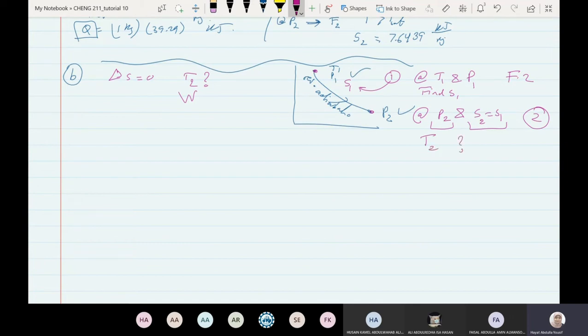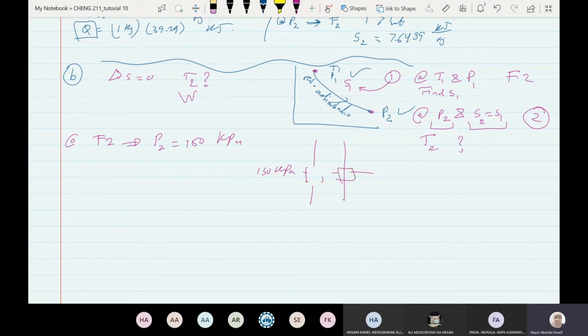How is this done? At P2 and S2, the procedure is as follows. Using table F2, go to P2 equal to 150 kilopascal, and then horizontally at 150 kilopascal you have the first column which shows two things. What are those two things?